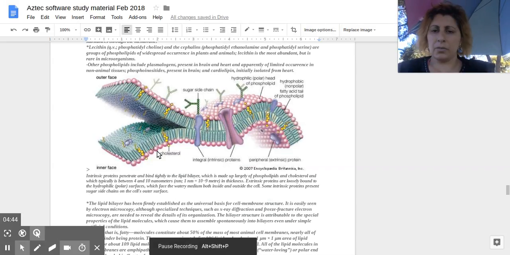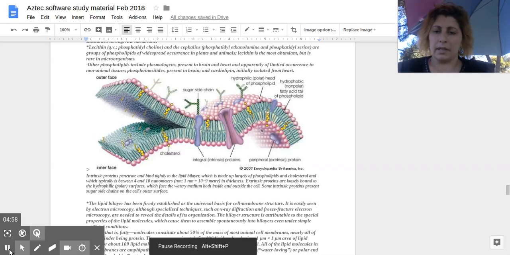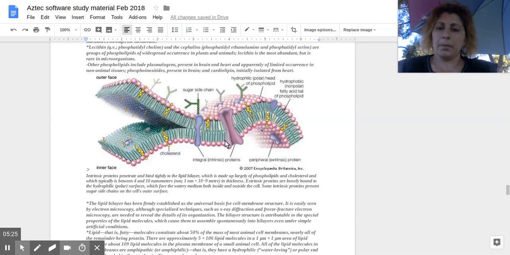So here's a diagram showing the bilayer. You have the outer surface of the cell and the inner surface of the cell. You may have cholesterol molecules, integral or intrinsic proteins in the membrane, and peripheral or extrinsic proteins. The proteins help with signaling as well as function as channels, helping molecules that are polar or very large and impermeable to cross the membrane.